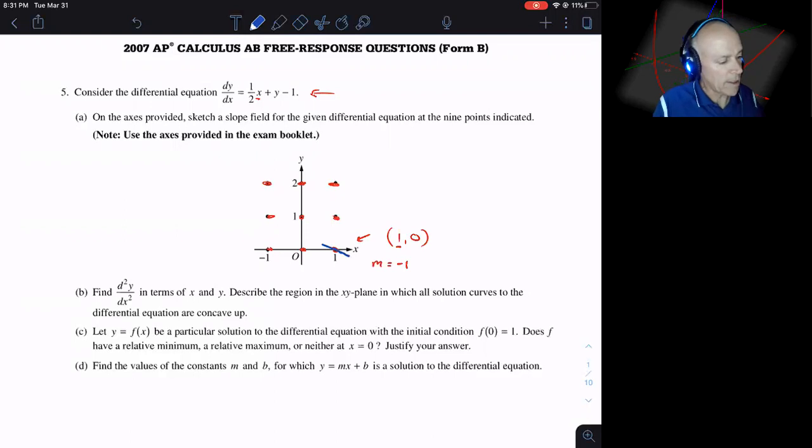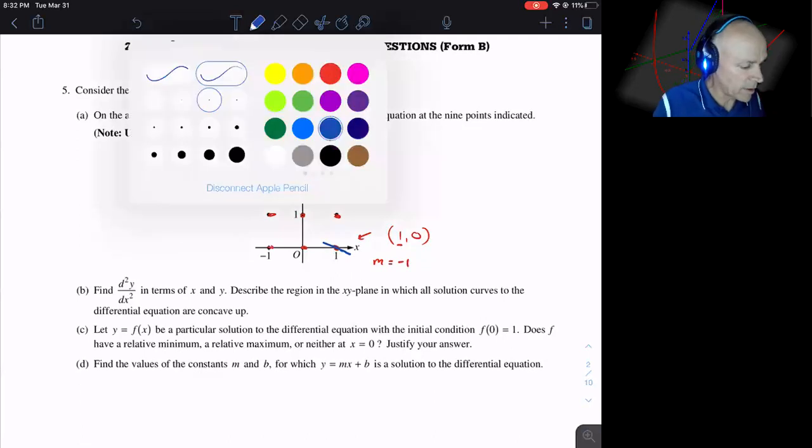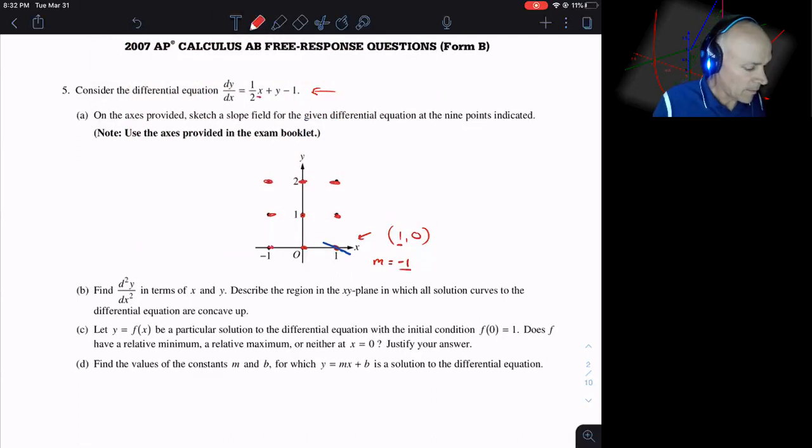So there it is, negative 1/2, and that was the slope that I wanted. Just checking that, 1/2 plus 0 minus 1 would be negative 1/2. So negative 1/2 is the slope of that tangent line.